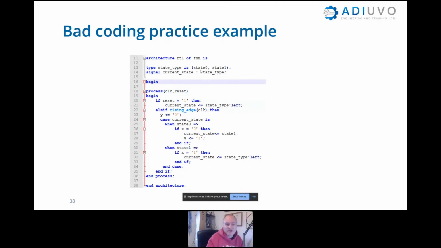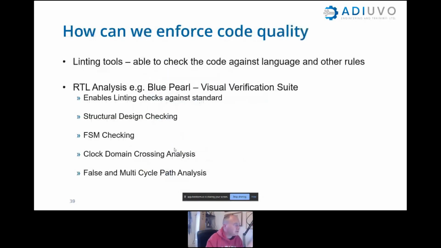This is not a great example of coding, because if you add to that type, the reset state changes. A good code quality tool and good code checking would be able to check that.